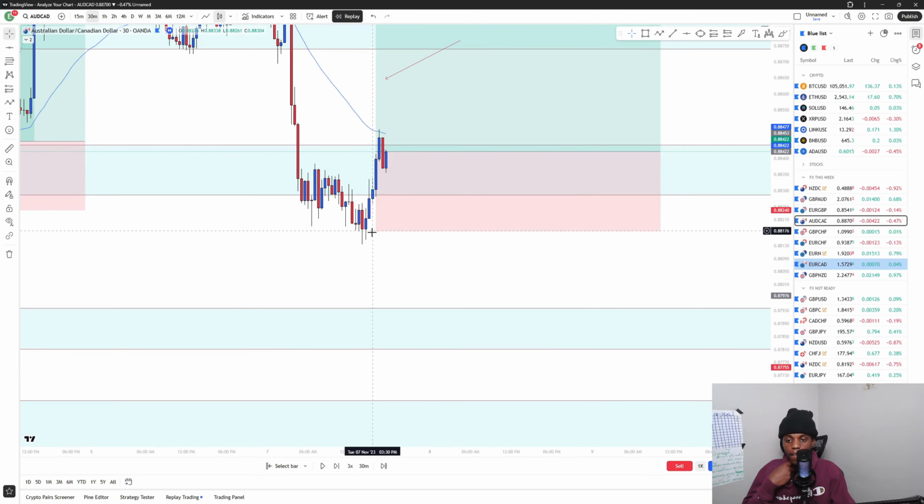Even if I would squeeze this and put it under the higher low, somewhere around here, the risk reward is still 1 to 1.7, so that's still trash. I don't enter a trade unless it gives me at least a 1 to 2. So this trade right here, realistically, I wouldn't enter. But let's just see how it plays out.